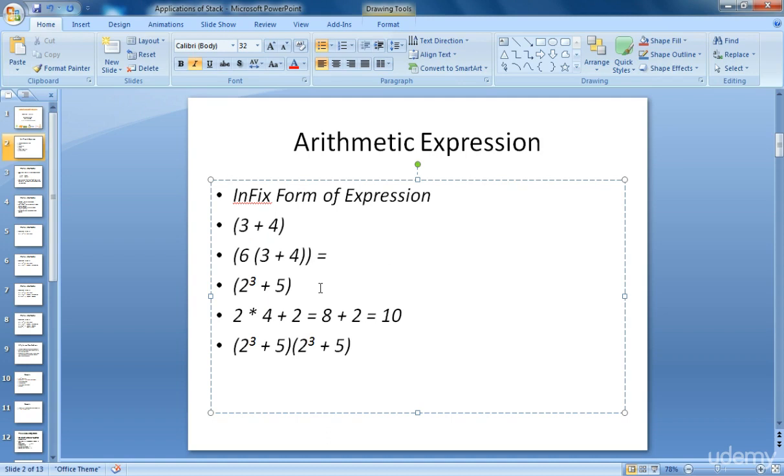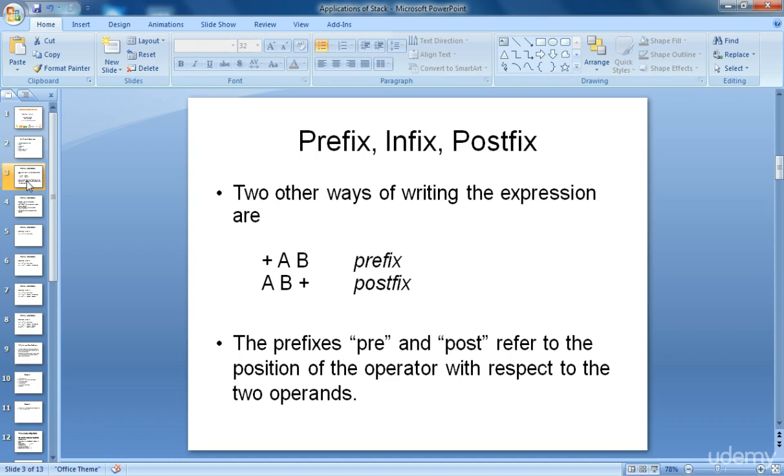So the result of the effort is to simplify the expression, to remove the complexity of the expression. So how can we convert our infix expression into a postfix or prefix expression? There are two ways of writing expression, that is prefix and postfix.